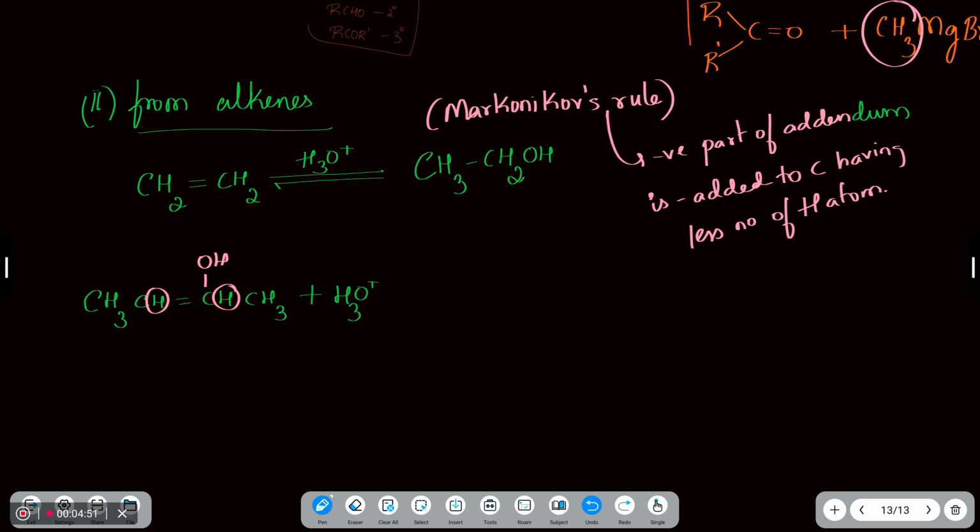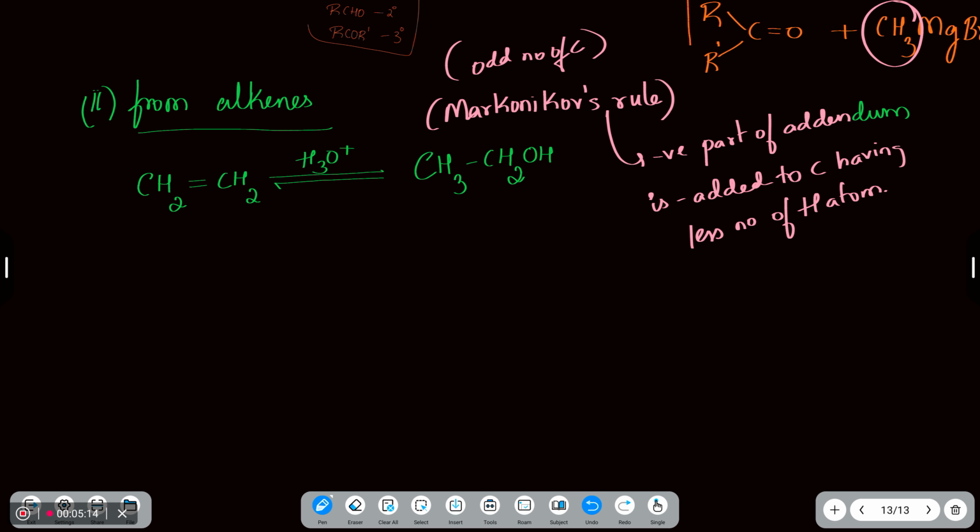So when you have symmetry, Markovnikov's rule is not necessary. But when you have something like this, it is important, right? So just know this: Markovnikov when there are odd numbers of carbon.